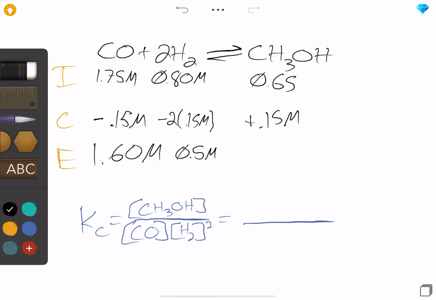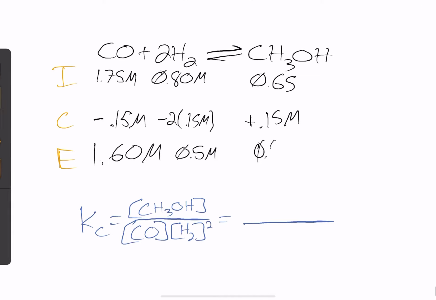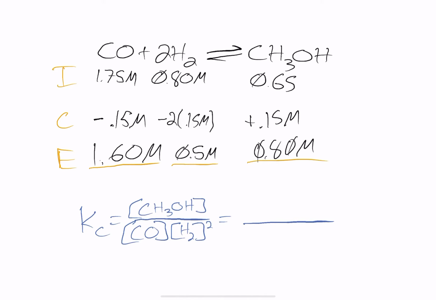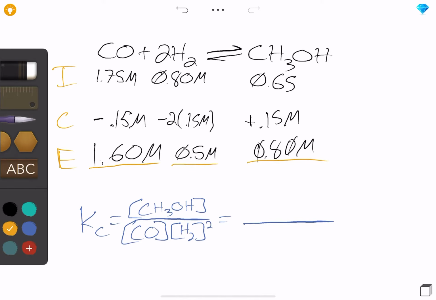So 0.65 plus 0.15 molar is going to be equal to 0.8 molar. Okay, so now we found our ending concentrations at equilibrium for carbon monoxide, for hydrogen gas, and for methanol. Now, using this information, we're going to find what our K is.